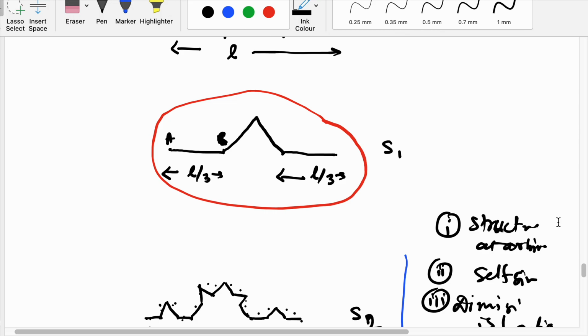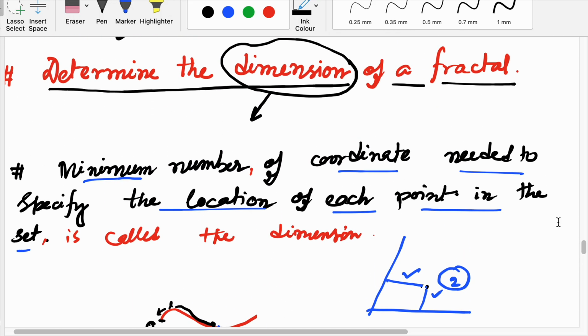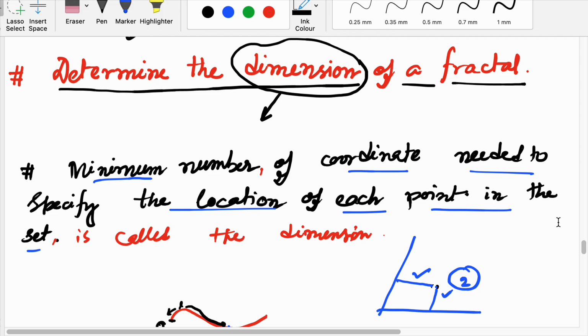So what is happening here? That is actually a paradoxical situation we have created here, because by looking at it, we have created this structure from line segments, so the dimension should be 1.